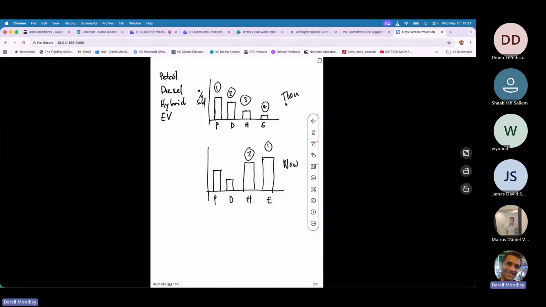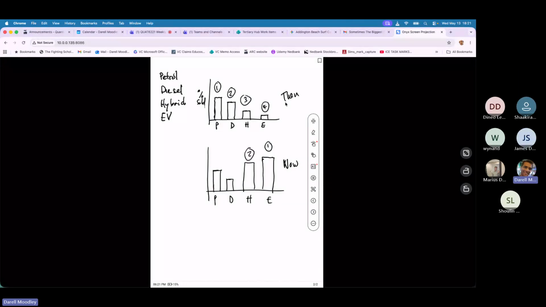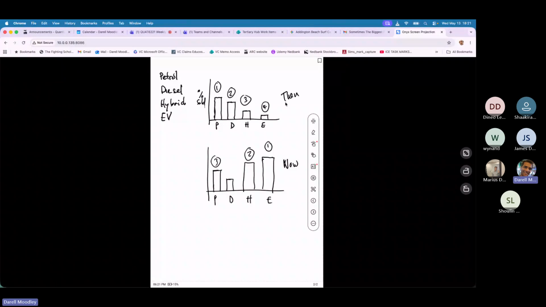Second priority would be hybrid, third would be petrol, and lastly diesel. Can you see that this would guide you on how to manage your dealership, and what you should prioritize keeping in stock?